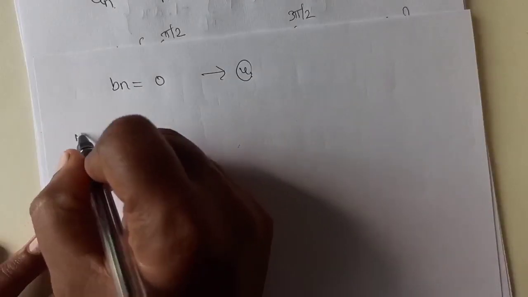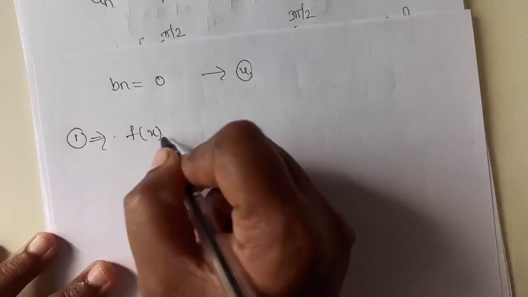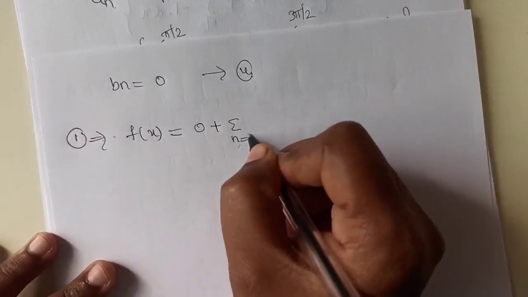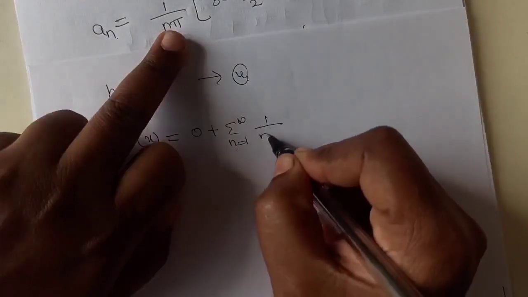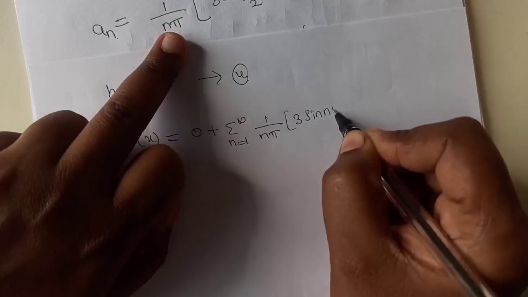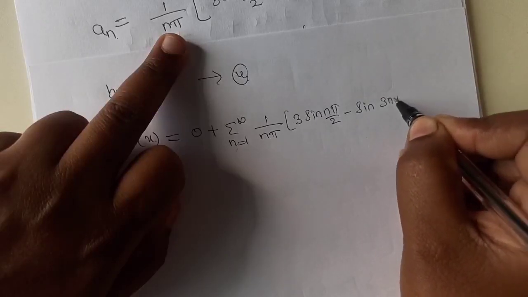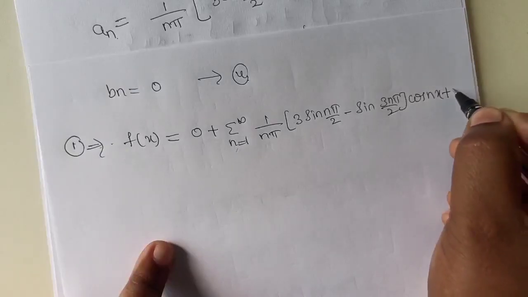Now by equation 1, f of x is equals to a naught value is equals to 0, summation n equals to 1 to infinity. An value is this one, 1 by n pi 3 sine n pi by 2 minus sine of 3n pi by 2 into cos nx plus bn is equals to 0.